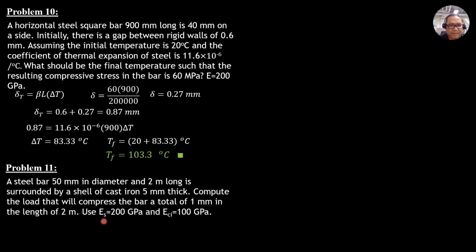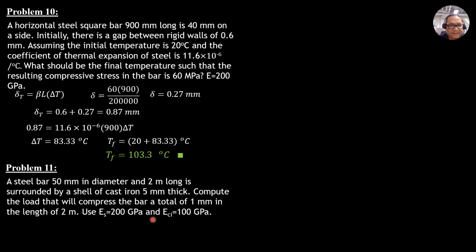Use modulus of elasticity of steel 200 gigapascals and for cast iron 100 gigapascals. So these two materials jointly support a load. So therefore, the total load that will cause 1 mm deflection is load on the steel plus load on the cast iron.